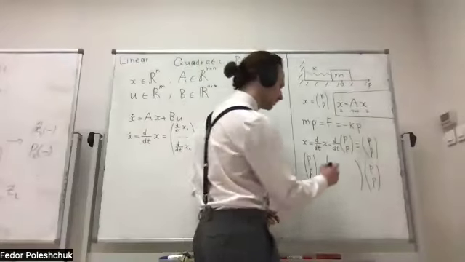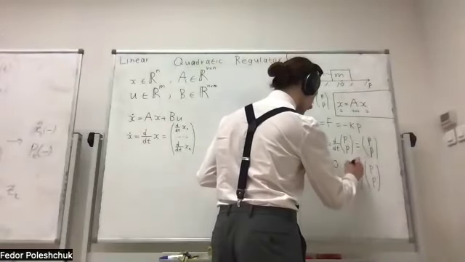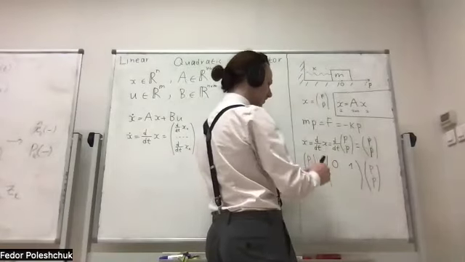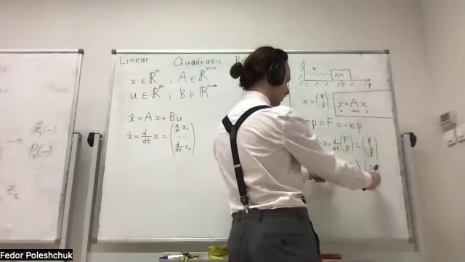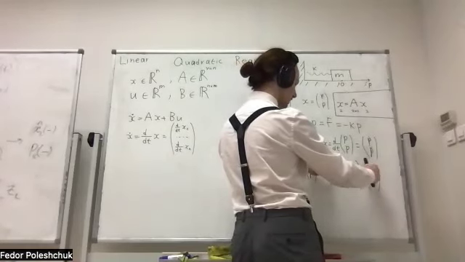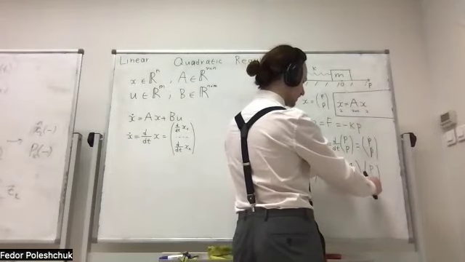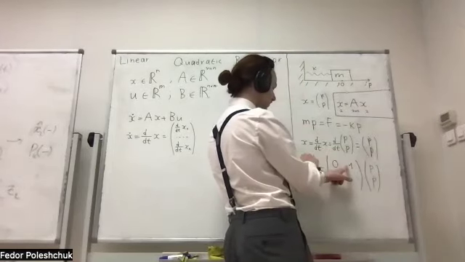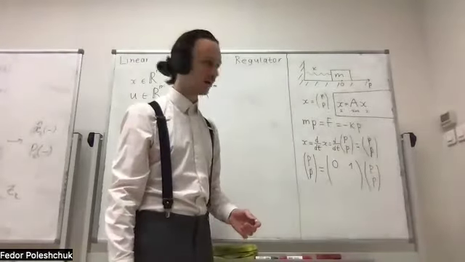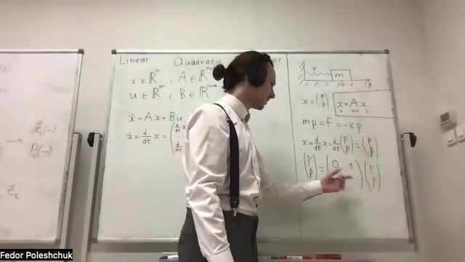Right, exactly. Because if we multiply the first row by this vector, it will be equal to 0 times p plus 1 times p dot. That's exactly p dot over here.